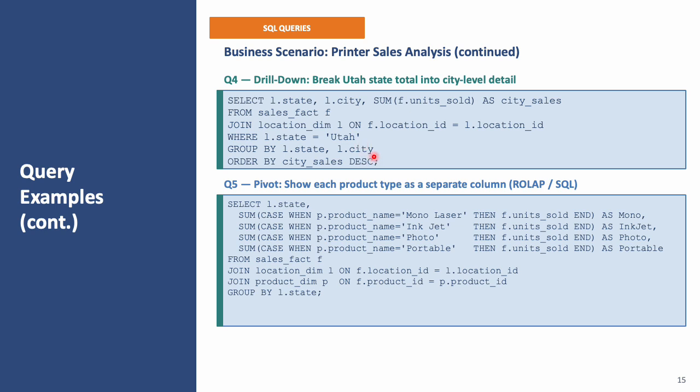The group by, this is the drill down. By adding the city column alongside state in the group by, we are asking the database to break the aggregation down one level further in the location hierarchy. Rather than one row for Utah, we now get one row per city within Utah.